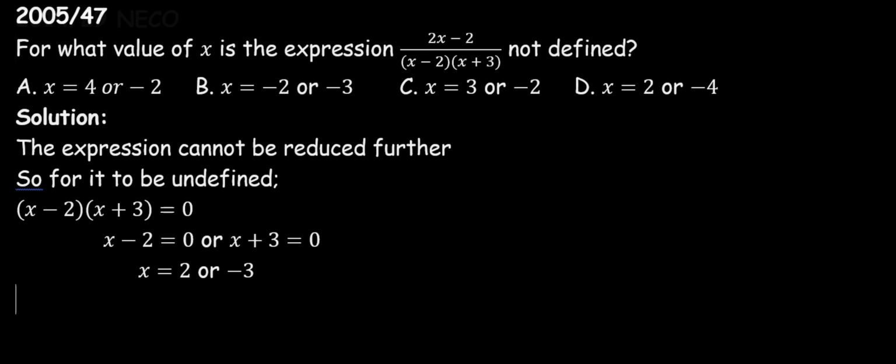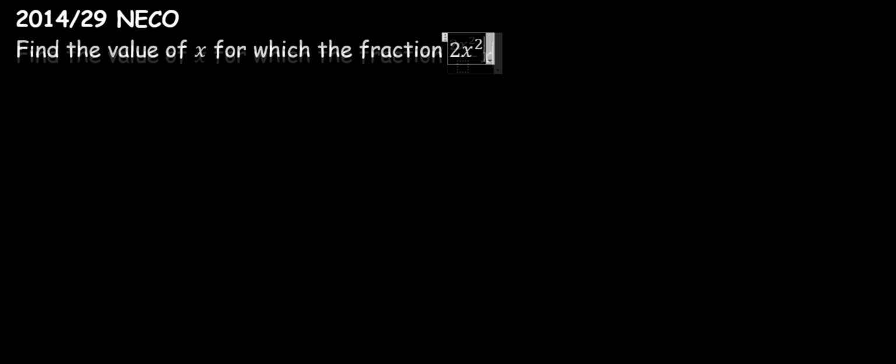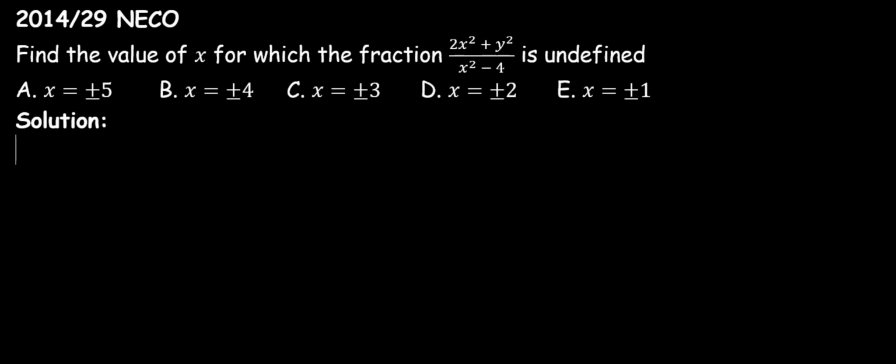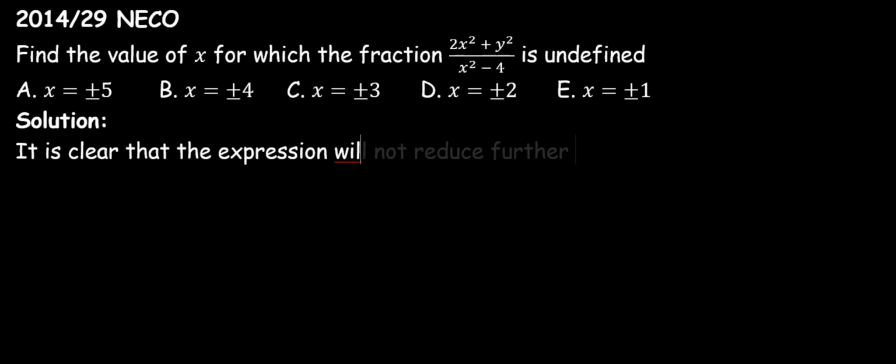Another example. Find the value of x for which the fraction 2x squared plus y squared divided by x squared minus 4 is undefined. Options are given. Solution. It is clear that the expression will not reduce further.